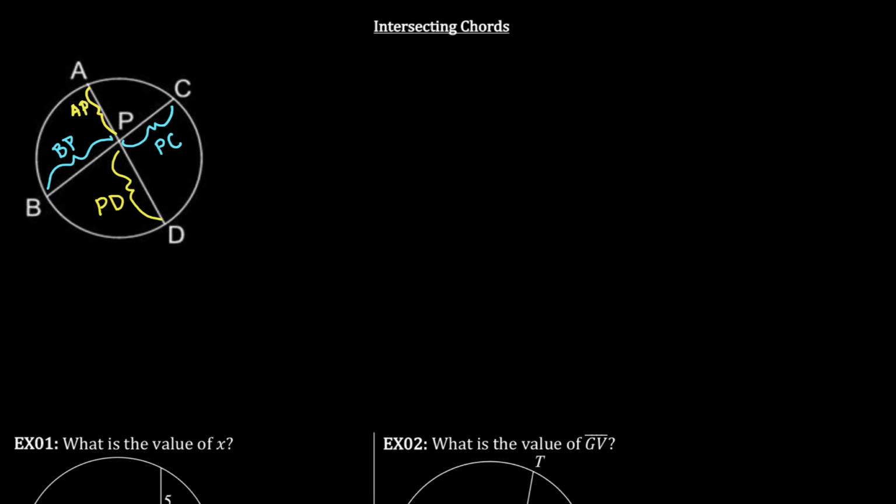The relationship here, I'll say it to make it easier, is that we can write it in two ways. BP times PC is equivalent to AP times PD.